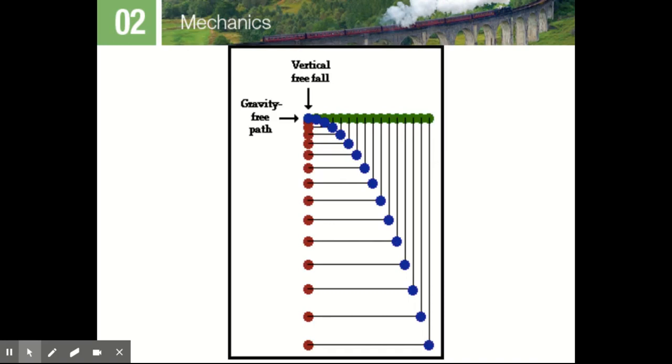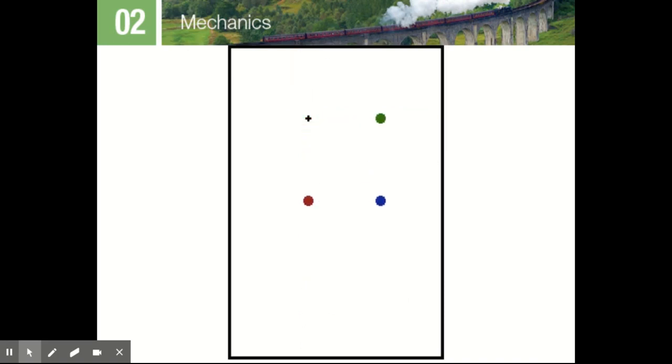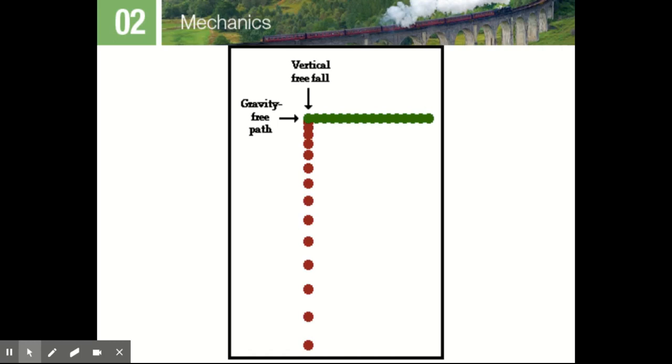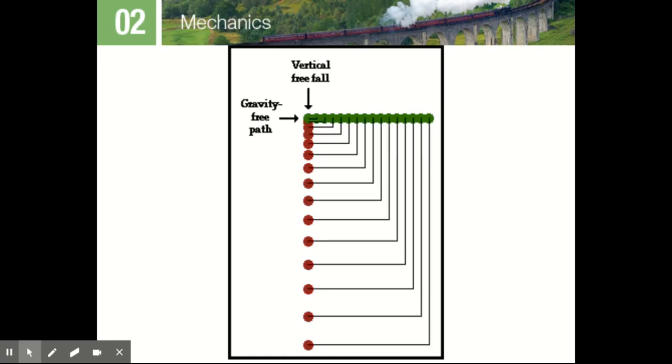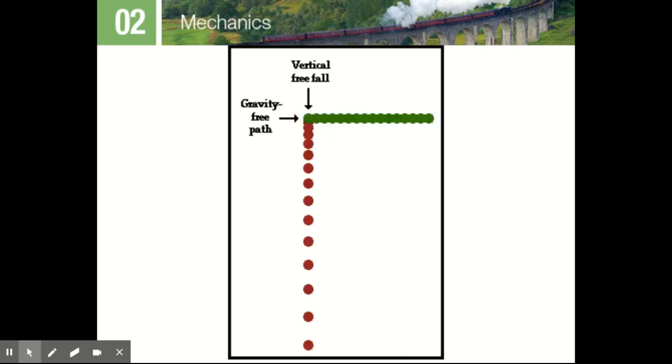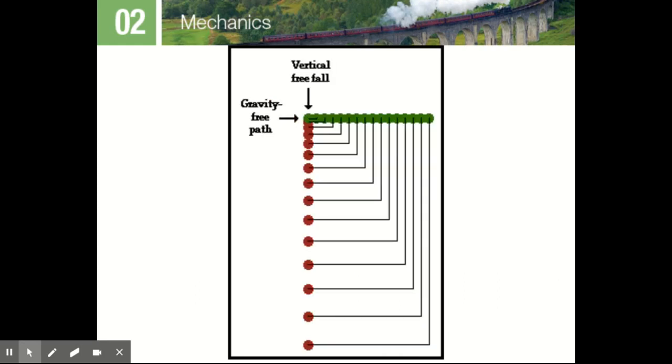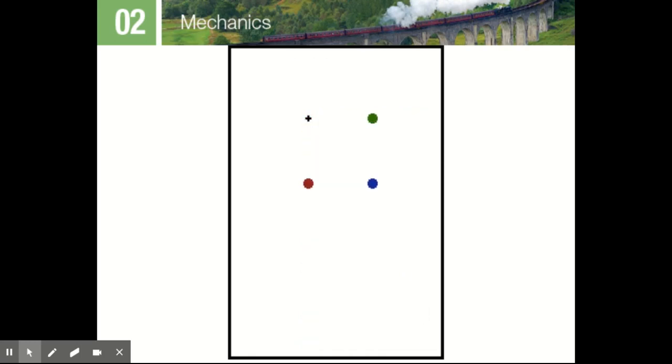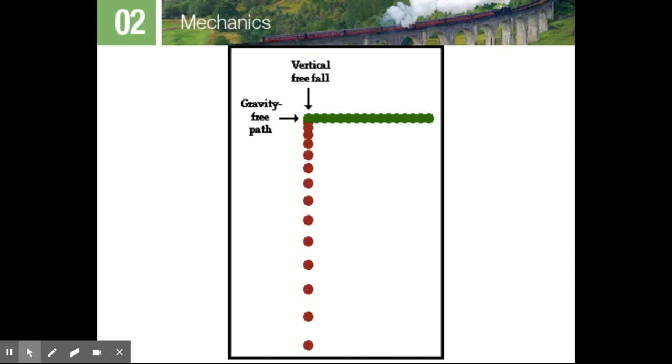All right, so here's a good little GIF, if you will. So the green ball represents the vector of its horizontal velocity, and you'll notice the red ball represents the vector of the vertical free fall. If you notice the green, the horizontal is constant, and the red is accelerating due to gravity.